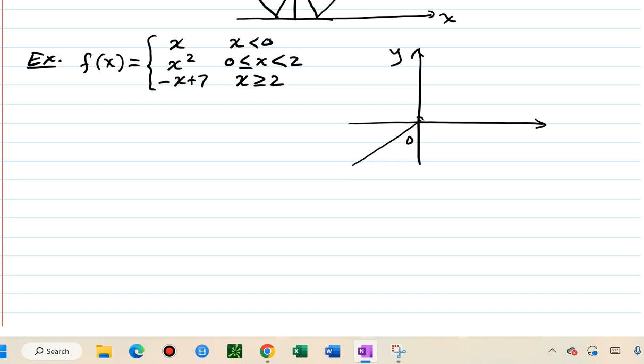So at this point, I actually have an open circle here, don't I? Because it does not include it. However, the next piece, which is a parabola, the quadratic function, does allow for x equals 0. And when you put 0 in for x, 0 squared is 0. So this 0 actually fills in the hole that the identity function left.